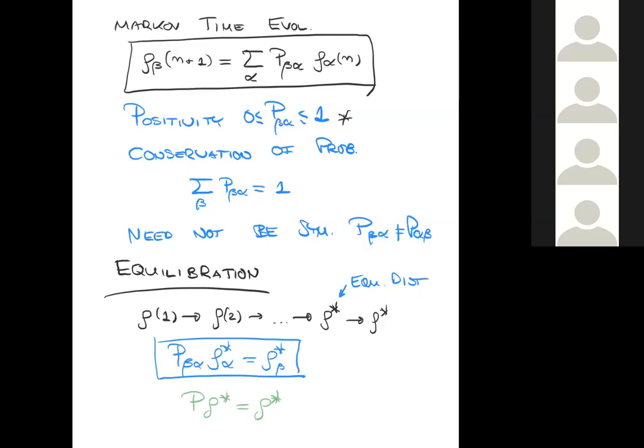So rho star is a right eigenvector of P with eigenvalue 1.